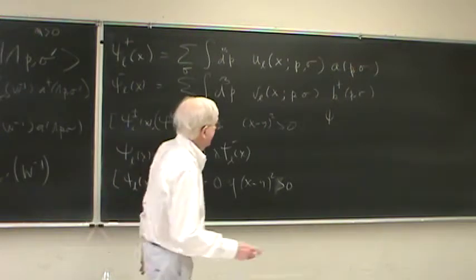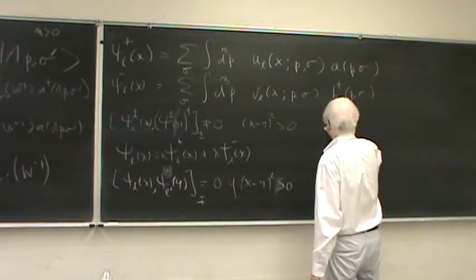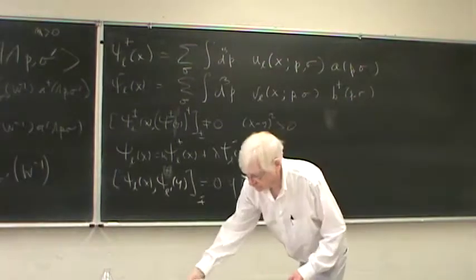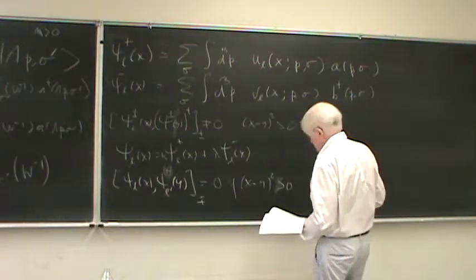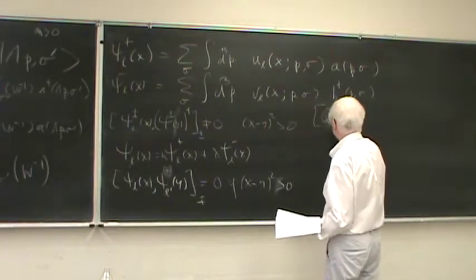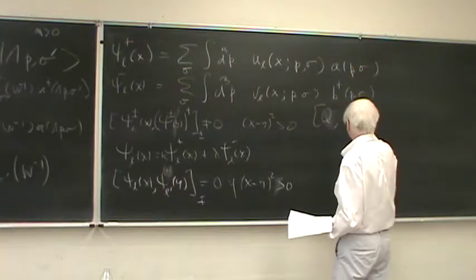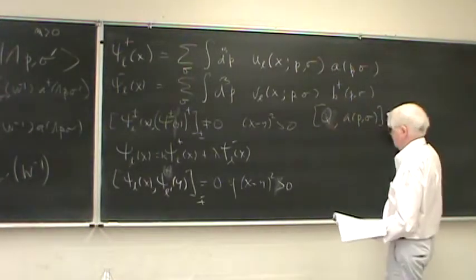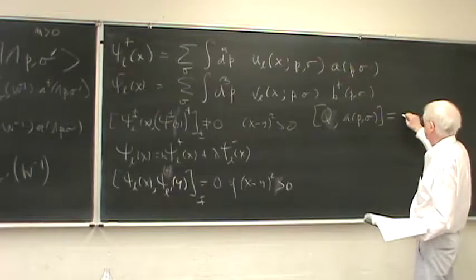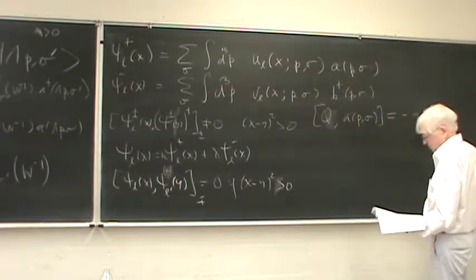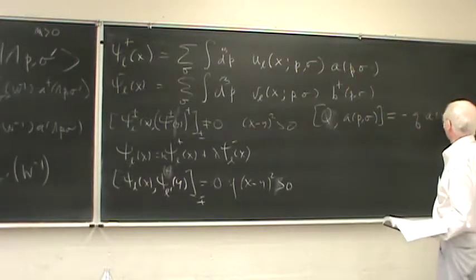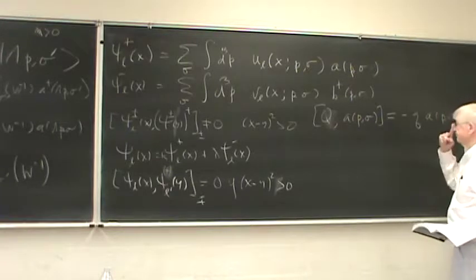All right. So suppose we have Q on the annihilation operator a of p and sigma to be minus q a of p and sigma.